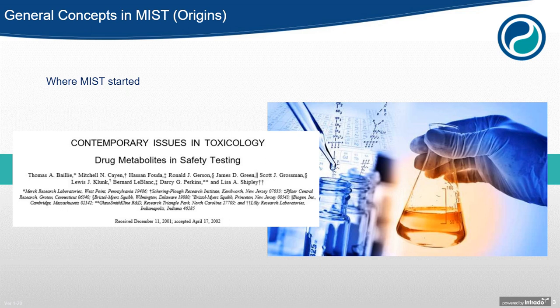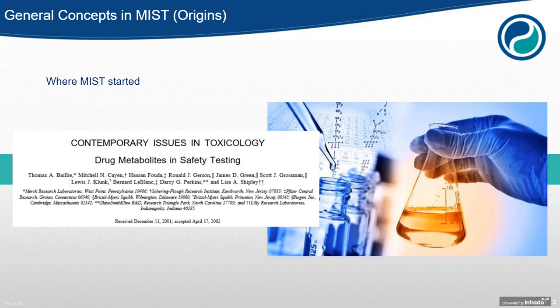After that, the FDA generated a draft guidance that was published in 2008. That was followed up by the ICH issuing their own guidance in 2010. And then the FDA issued their final guidance in 2016, which they've just updated this year, March of this year.